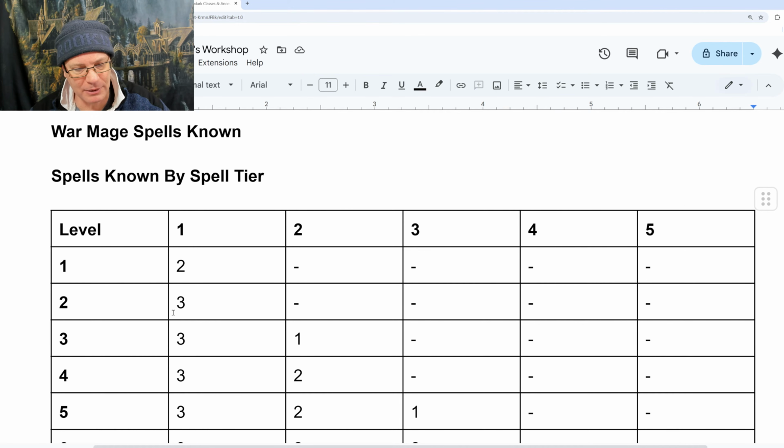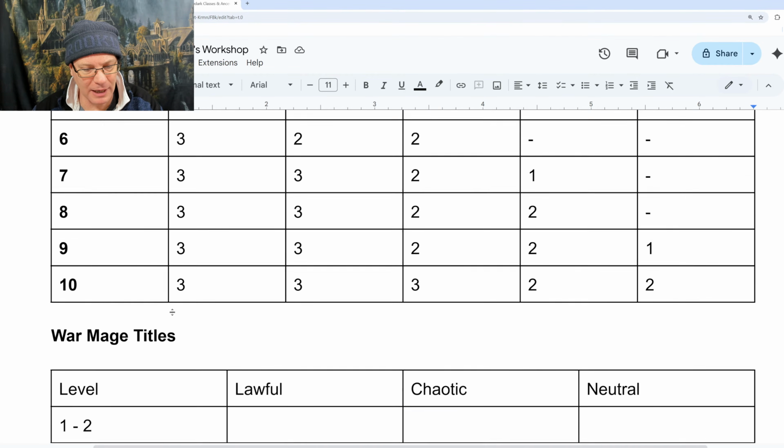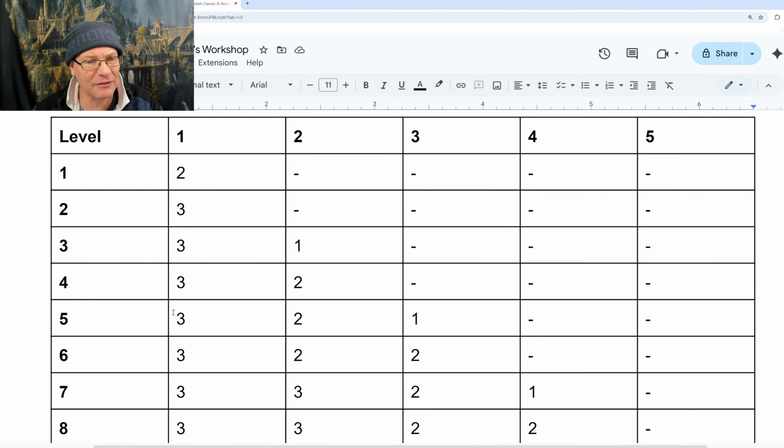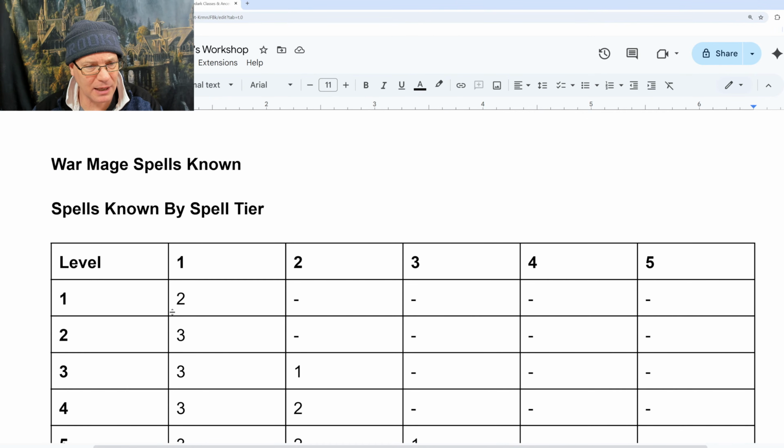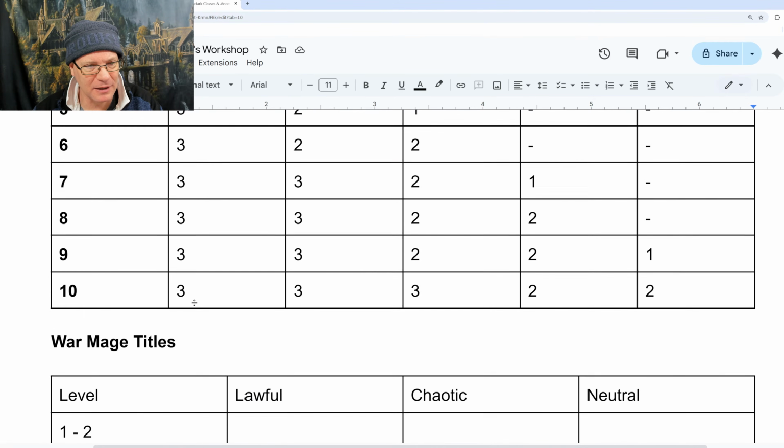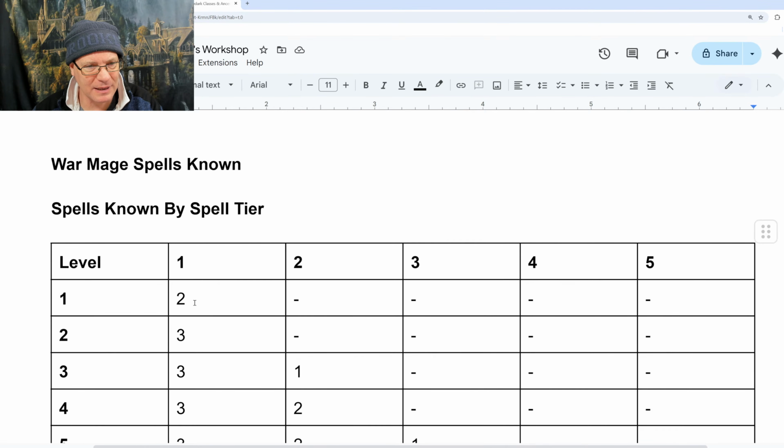Now you'll notice this table is really not a duplication of the wizard spellcasting and wizard spells known table, but this is more in line with what the priest gets. Its table is very much like that. Now this table may have to be adjusted. Frankly, it's entirely possible that it may have to be adjusted for a number of different reasons.